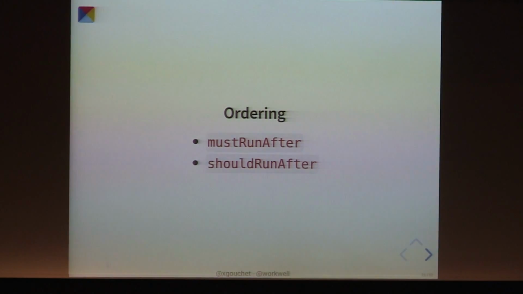Also, if you have multiple processors that run in parallel, and one of them is ready to run your task, and the task that it should run after is not finished yet, it can still run before for performance. So shouldRunAfter is more like, yeah, it would be better, but it could still run before.